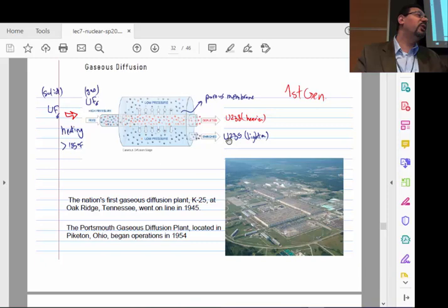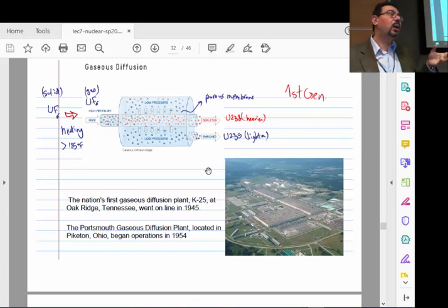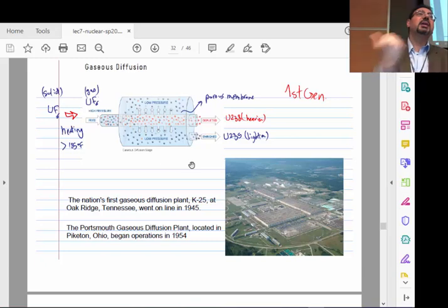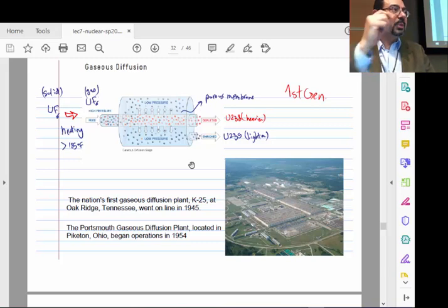That's 3. One of them is heavier than the other. So if we send them in a configuration like this, the heavy one will keep going, and the lighter one will have a better chance to go to the holes. Not all of it, but a little bit more.